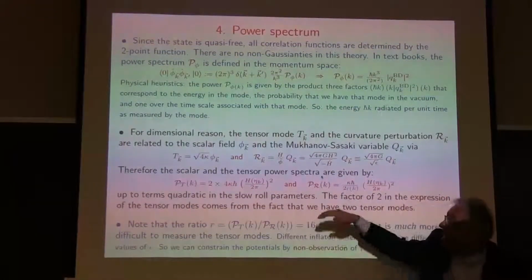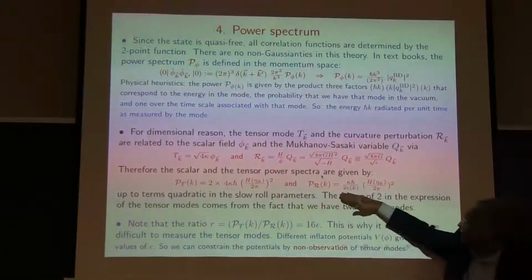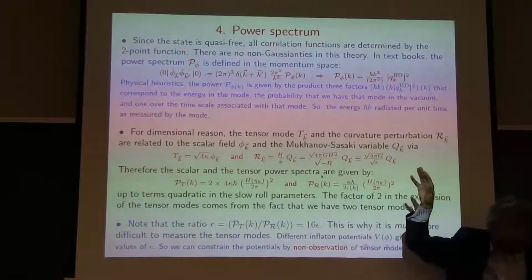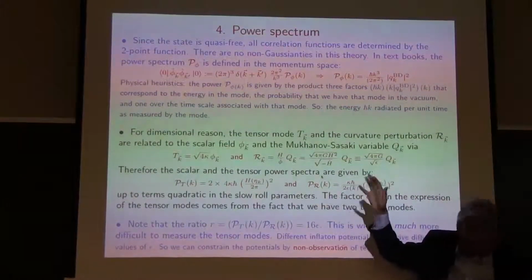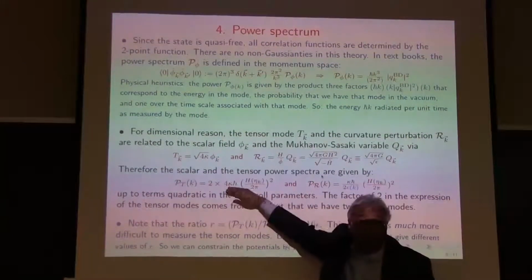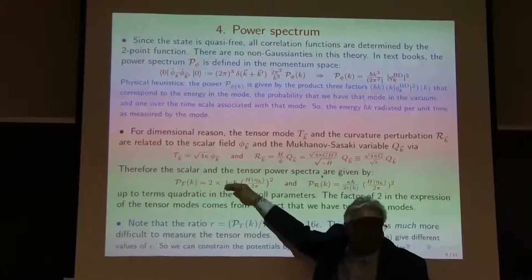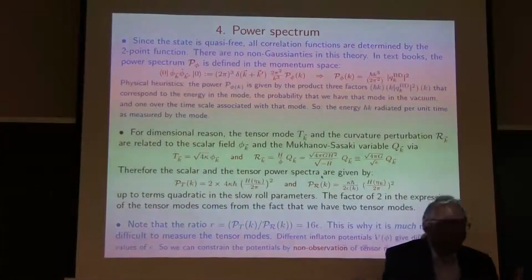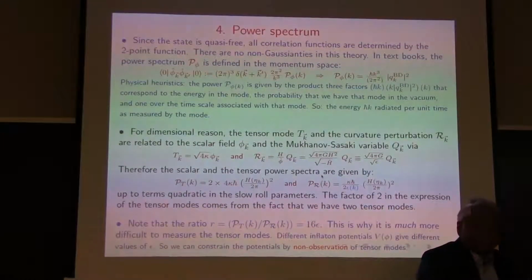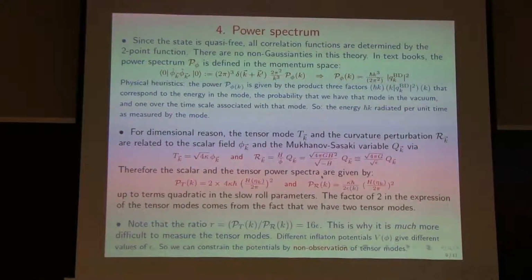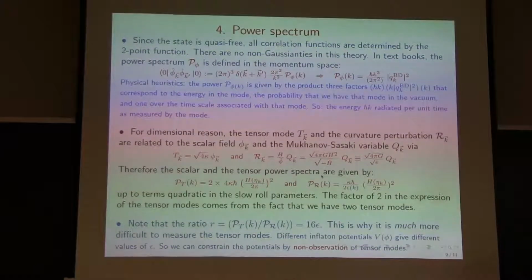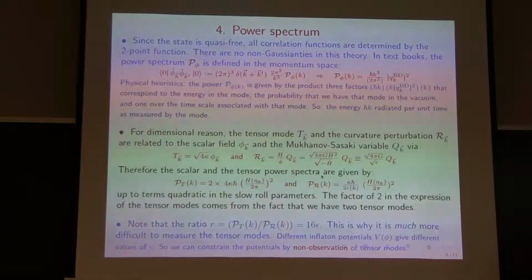And that is why, to present-day accuracy, we can measure the scalar modes without any problem. So far, we have not seen any tensor modes because one needs much more accuracy here, because epsilon is of the order of 10 to the minus 2. The exact number depends on what inflationary potential you're using. But that is what is happening basically.